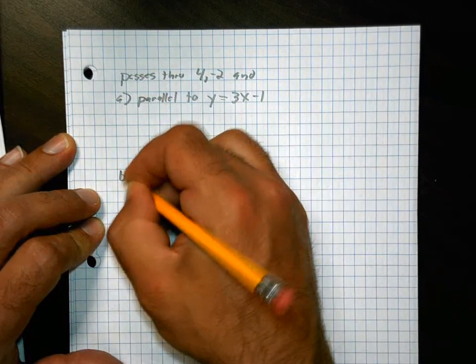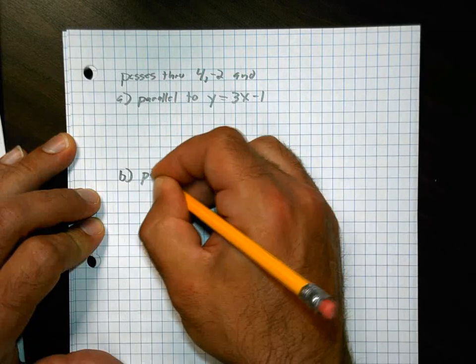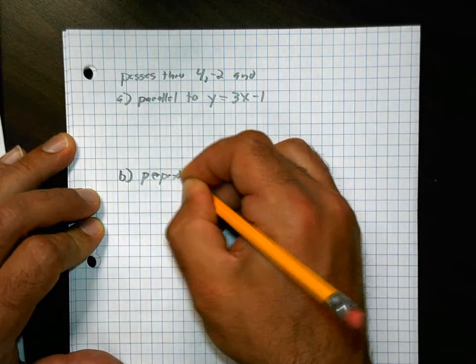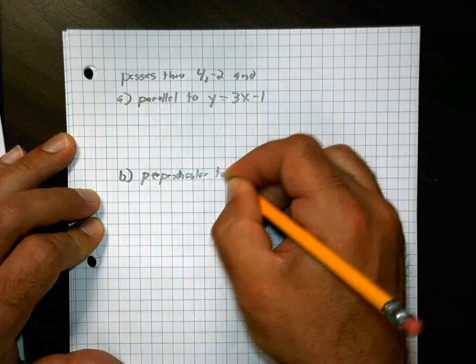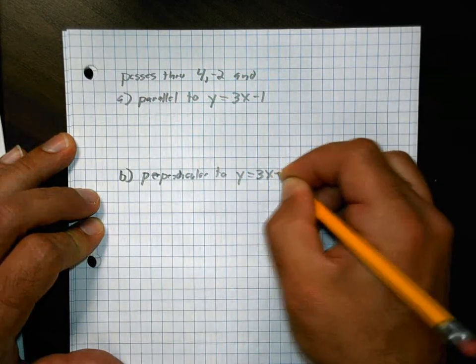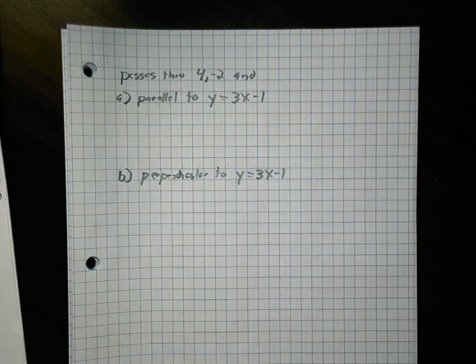And part B is what if it's perpendicular to y equals 3x minus 1. So it's two problems.